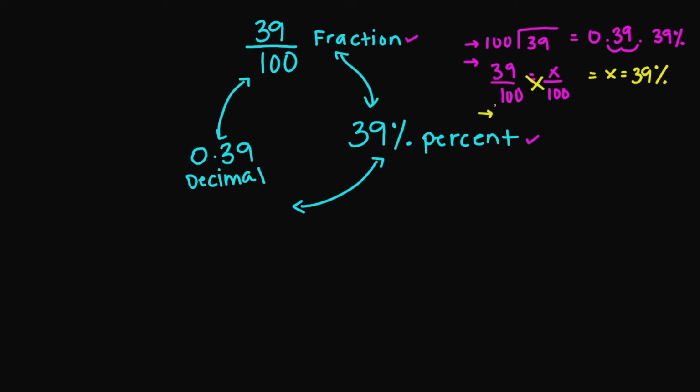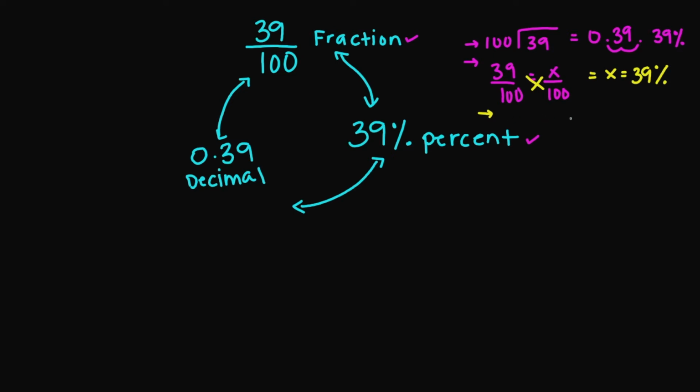And the third way, if you want to convert your fractions into a percentage, is to write an equivalent fraction with a denominator of 100. So for an example, I'm going to write an equivalent fraction with a denominator of 100.